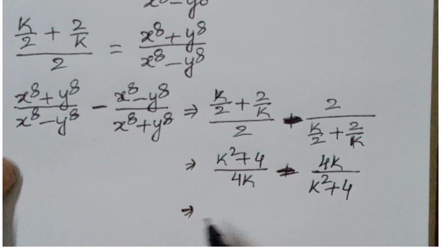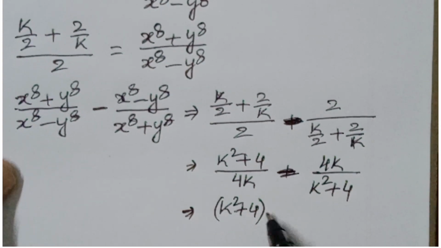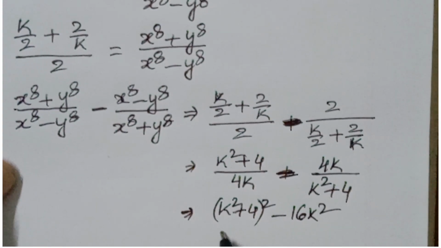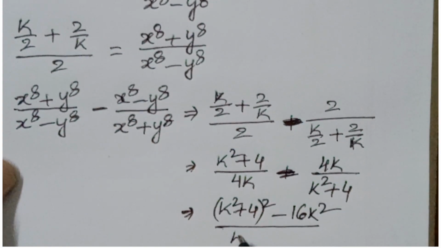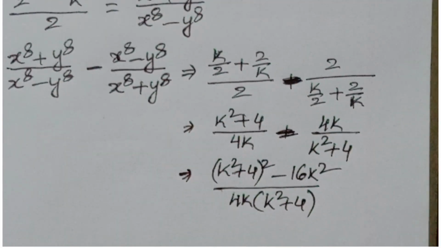If you multiply this, ((k² + 4)² − 16k²)/(4k(k² + 4)).